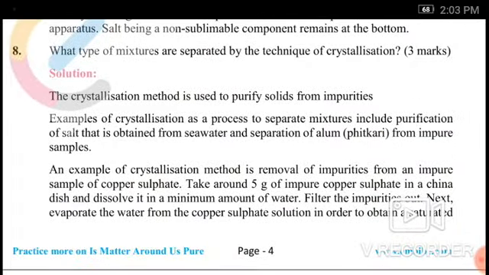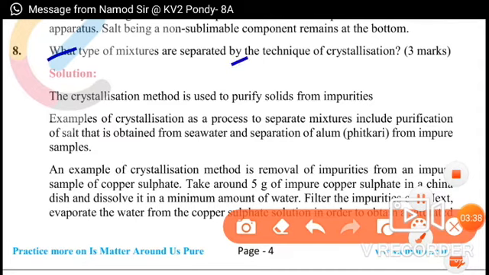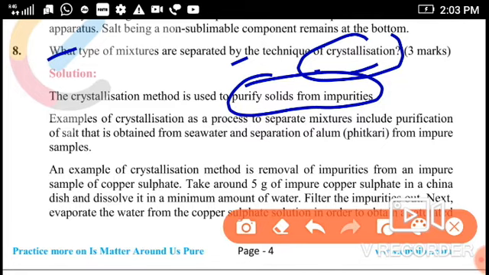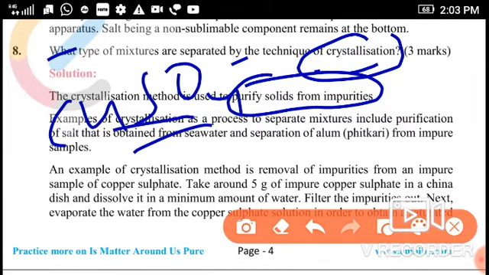Now the next question is, what type of mixtures are separated by the technique of crystallization? By using crystallization, we can separate pure solids from impurities, like copper sulfate, CuSO4. An example of the crystallization method is removal of impurities from an impure sample of copper sulfate.